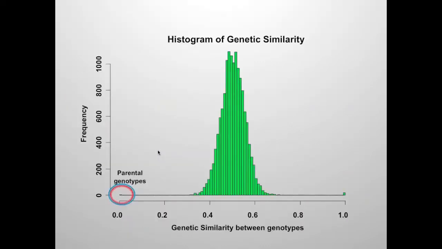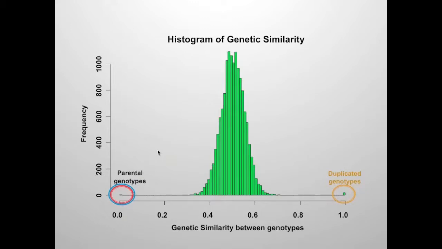The parents have a 0 genetic similarity because wherever parent 1 is nulliplex, the other one is simplex, and wherever the other one is simplex, parent 2 is nulliplex. So they are completely different, so that's why it's a genetic similarity of 0. But we see also that we have some genotypes that had a genetic similarity of 1 or very close to 1.